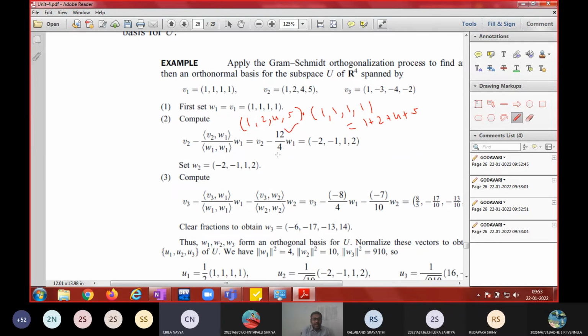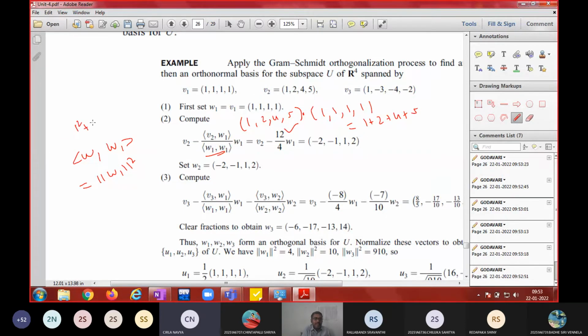What is the inner product of W1 with W1? Inner product of W1 with W1 is nothing but the norm of W1 squared, that is the sum of squares. W1 is this one, so 1 square plus 1 square plus 1 square plus 1 square, that is 4.